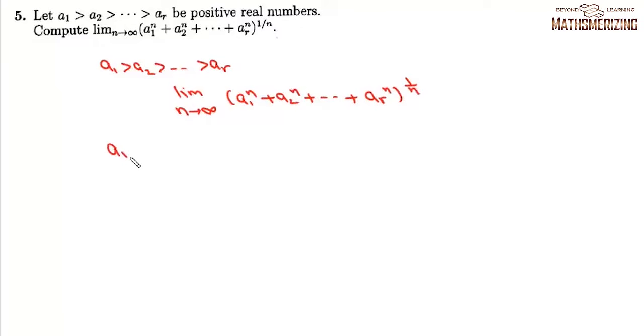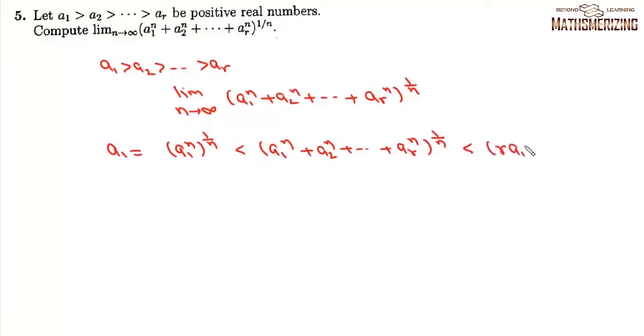Now we know that we can write this a1 as (a1 to the power n) to the power 1 by n, and it will be less than (a1 to the power n plus a2 to the power n plus a_r to the power n) whole to the power 1 by n. Now each of a_i is always less than a1, so it will be less than (r into a1 to the power n) to the power 1 by n.